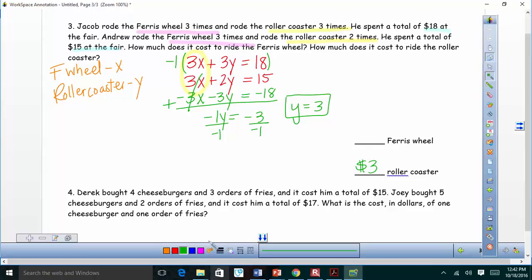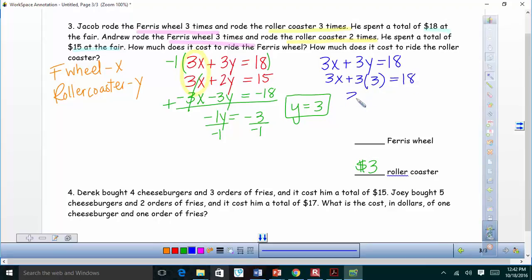Okay, now let's find the Ferris wheel. How would I find how much the Ferris wheel cost? Plug in 3. Okay, top or bottom? Top. So we're going to do 3x plus 3y equals 18. Am I putting 3 in for y or x? Y. So it would be 3x plus 3, parentheses, times 3 equals 18.